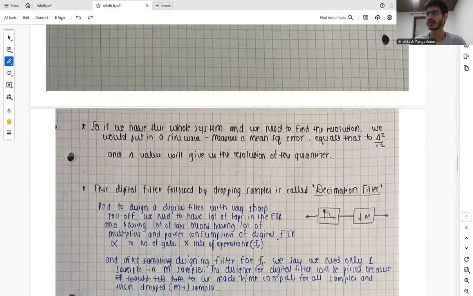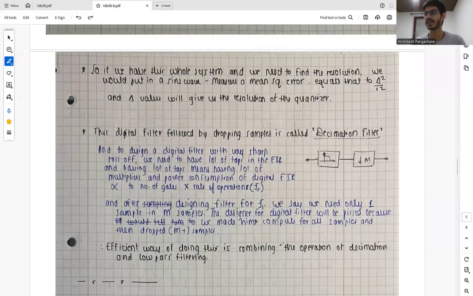So after designing a filter for, let's say, Fs sampling frequency, if we say that we only need one sample in m samples, because we are downsampling by a factor of m, then basically the designer for the digital filter will be annoyed, because we made him compute for all samples, and now we are saying drop all the other m minus 1 samples because we are only interested in one sample within m range.